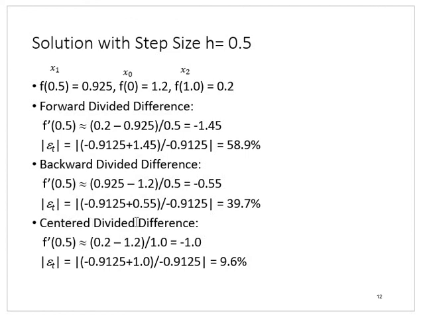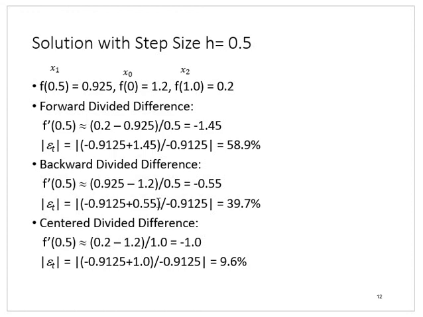And then the central divided difference method, which is given by f of x plus h minus f of x minus h. So we are now using the extreme values, this one and this one.